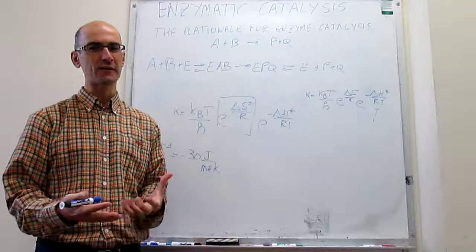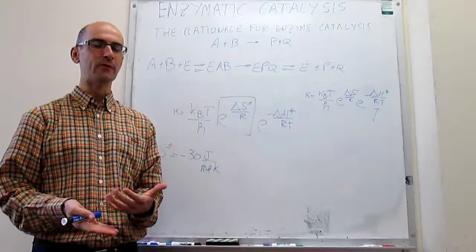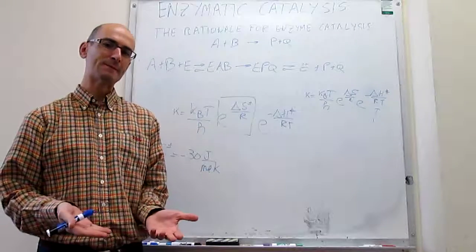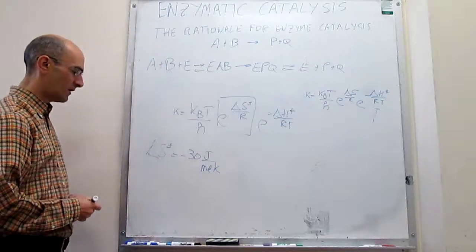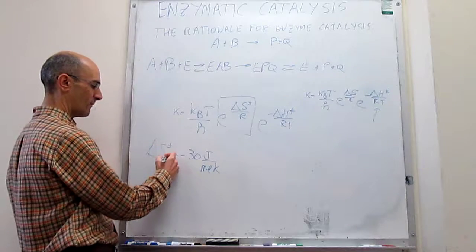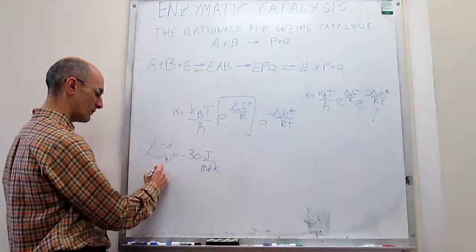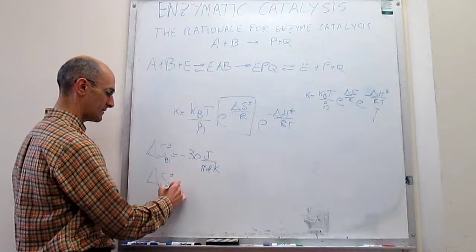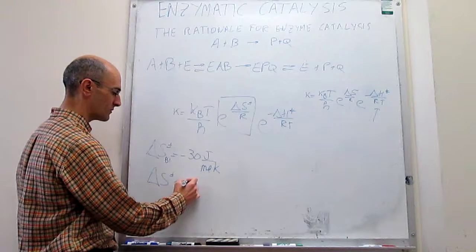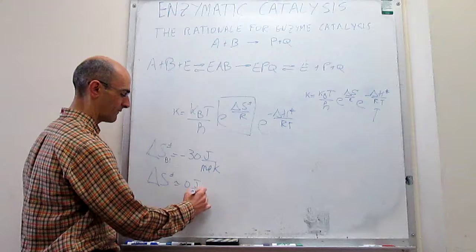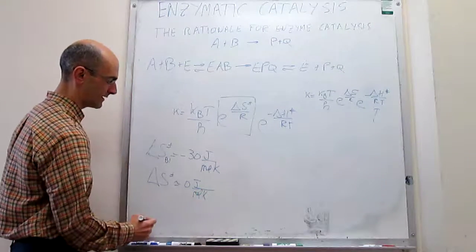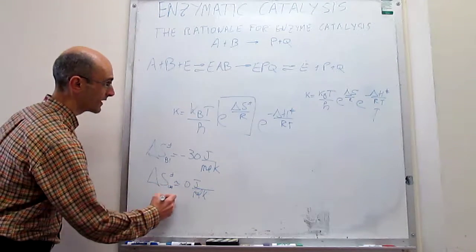That entropy of activation is going to be a number close to zero, perhaps positive occasionally. So while you have this for a bimolecular reaction, for a unimolecular reaction this number will typically be close to zero joules per mole Kelvin. Occasionally, it will even be positive. That's for a unimolecular reaction.